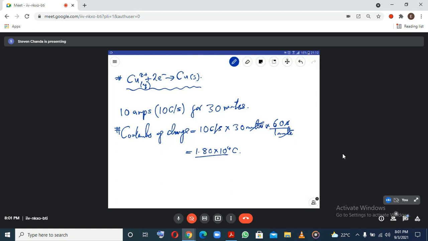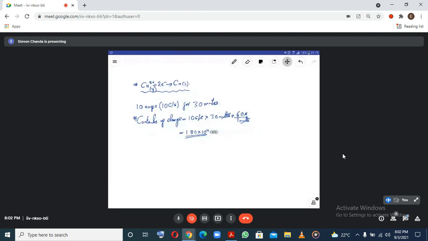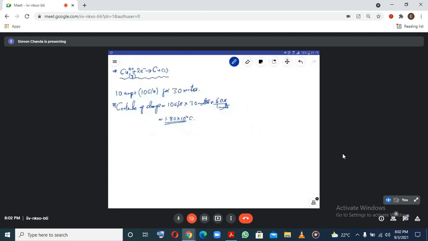So now what does this tell us? This tells us that in 30 minutes, this was the amount of charge which was actually passed through this solution. Now, what do we do with this? Since we know the amount of charge, we have an important point, which is Faraday's constant.